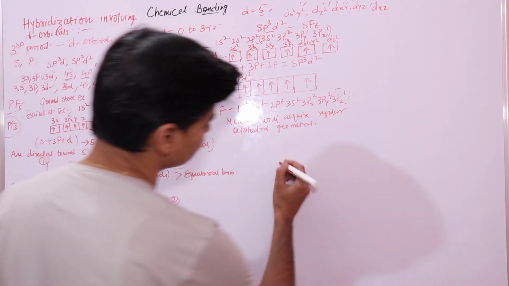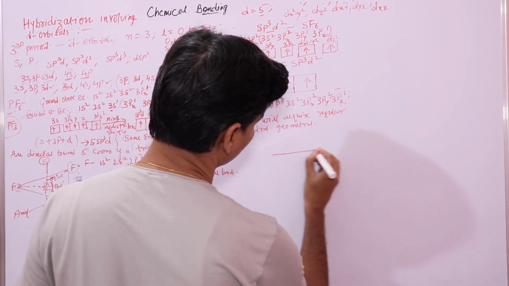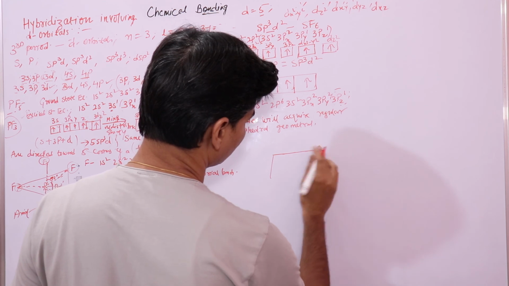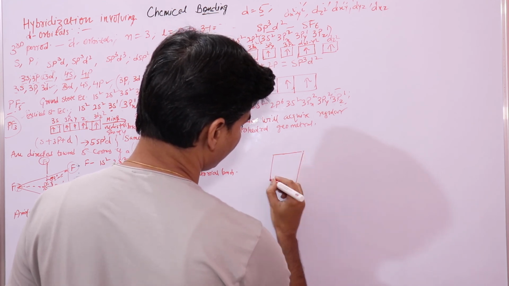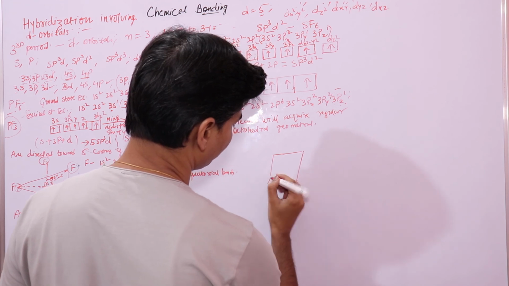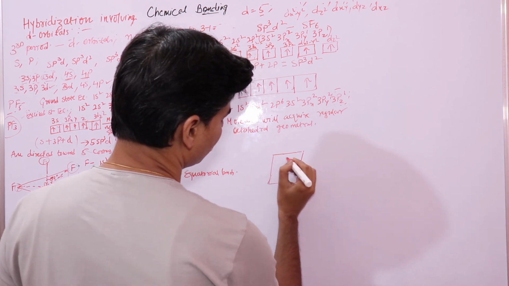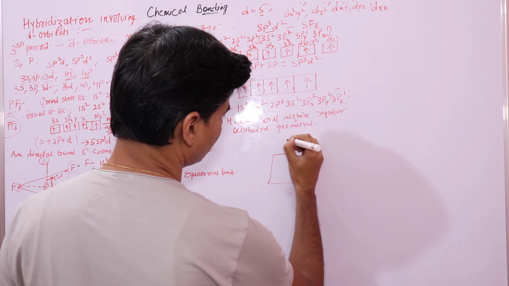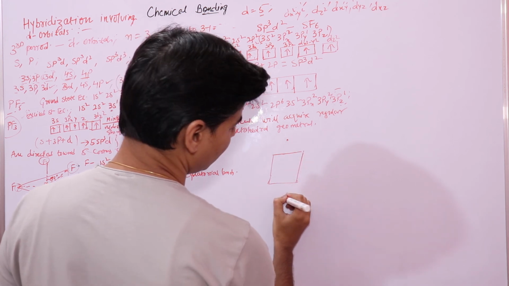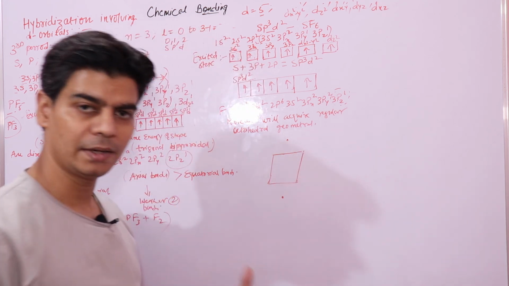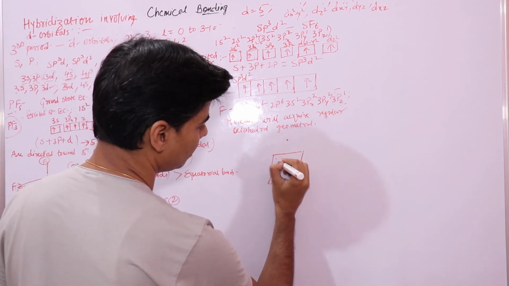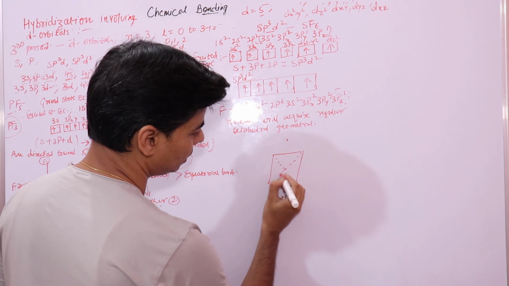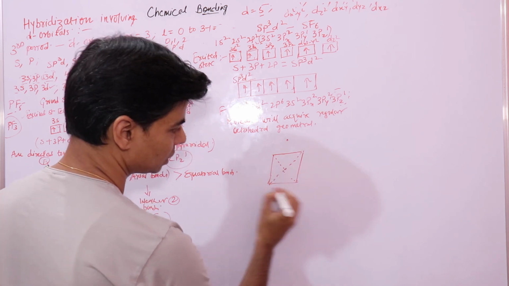It would be like this. 4 orbitals would be in the same plane, directed towards the corners of the square.